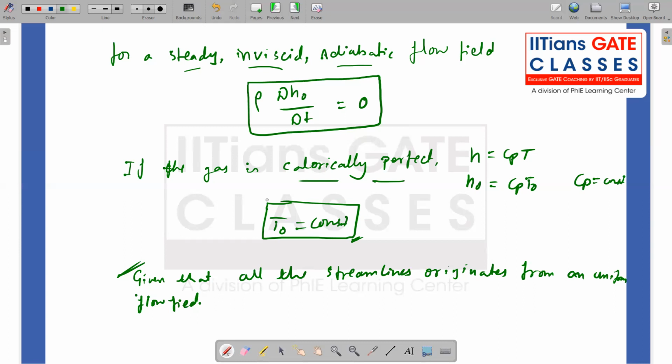Till this point, we were considering a single streamline. We are imposing another condition of a uniform flow field, with the streamlines originating from it. When I impose this condition, then I can say T naught is constant everywhere.